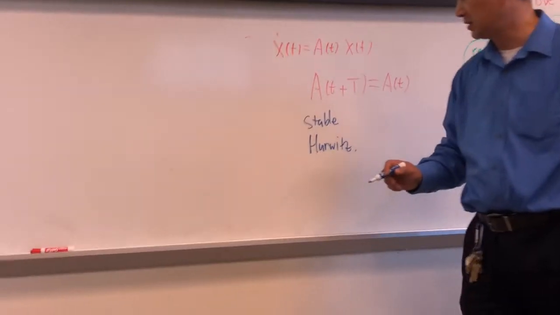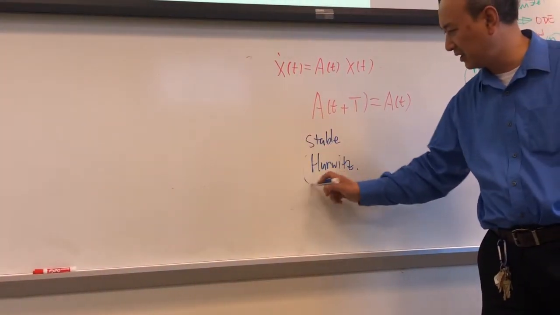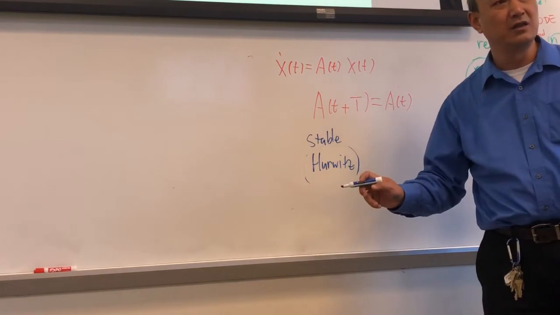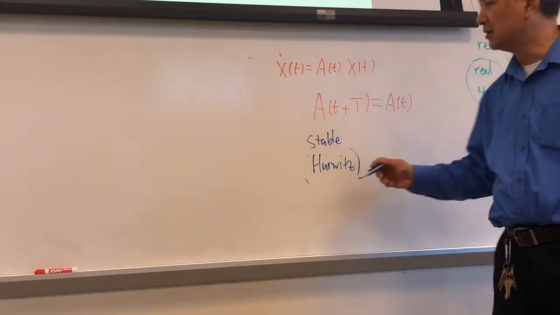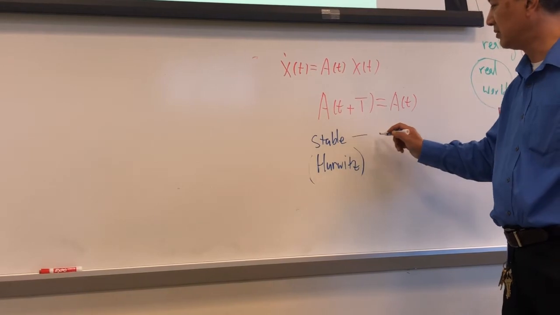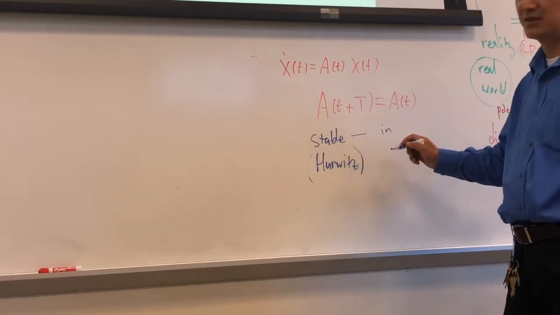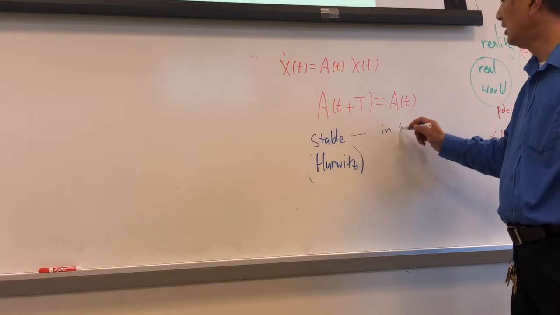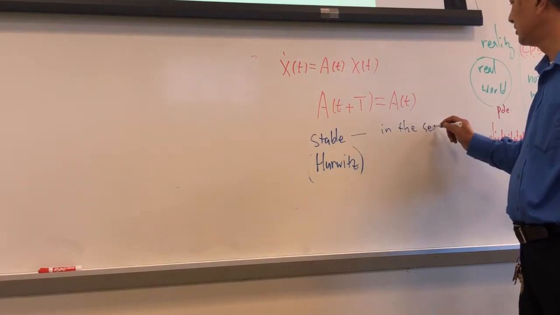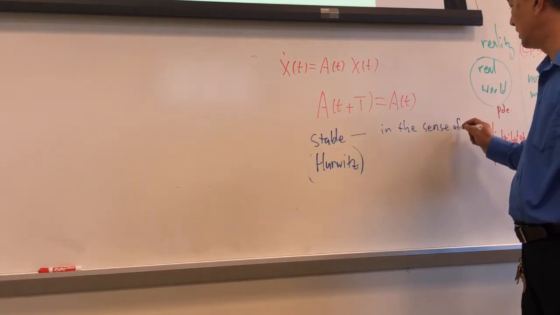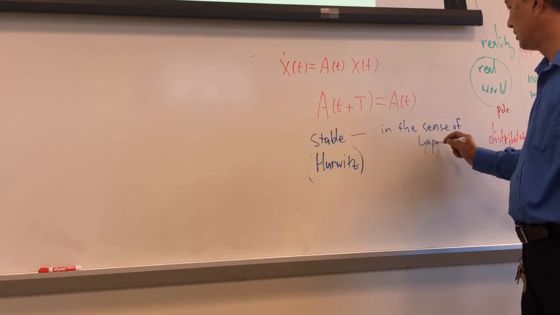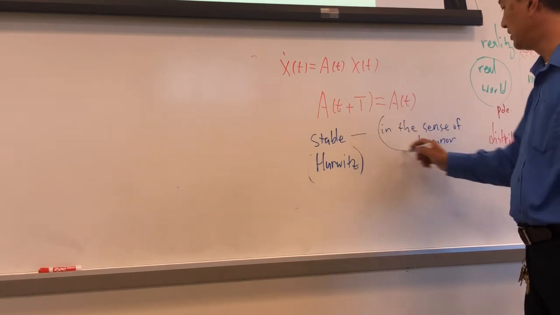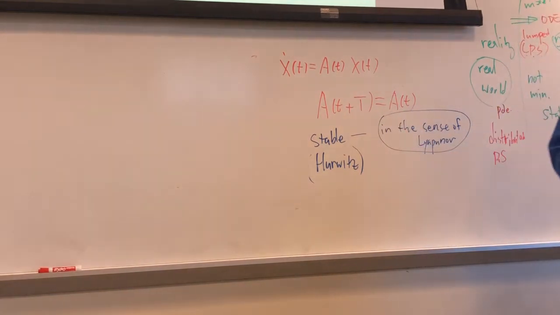In nonlinear control, when you say stable, another phrase is actually implied: stable in the sense of Lyapunov. I'm going to elaborate on this perhaps next Monday, when I will get started on what we mean by stability in the sense of Lyapunov.